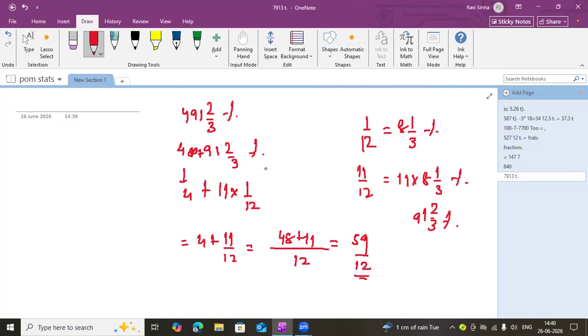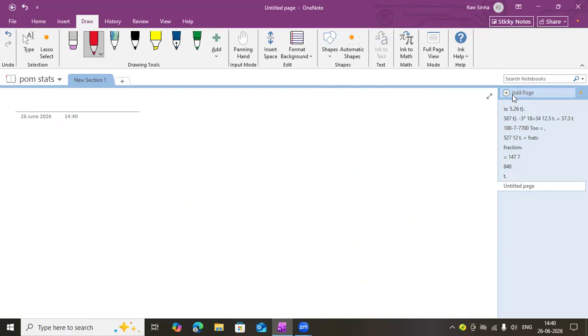So we have done problems in this way. Now let us see problems in a reverse way. How to convert 23 by 6 into a percentage.